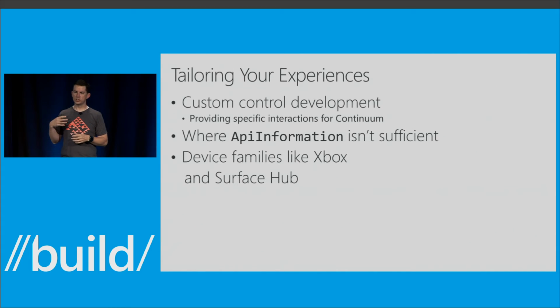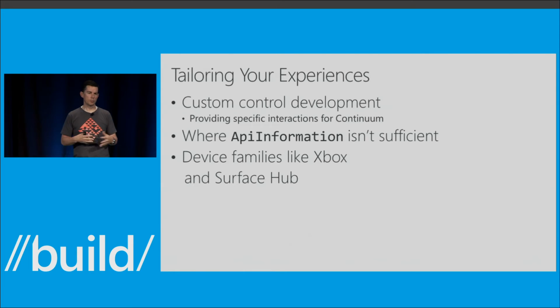We don't think of those as desktop and phone uniquely. Some good examples might be the larger experiences. So you saw the Surface Hub experience, where you have an 84-inch touch screen in a meeting environment where possibly multiple people are actually interacting with it from different angles. And so that's a completely different user interaction model that you may want to tailor very, very specifically to that.